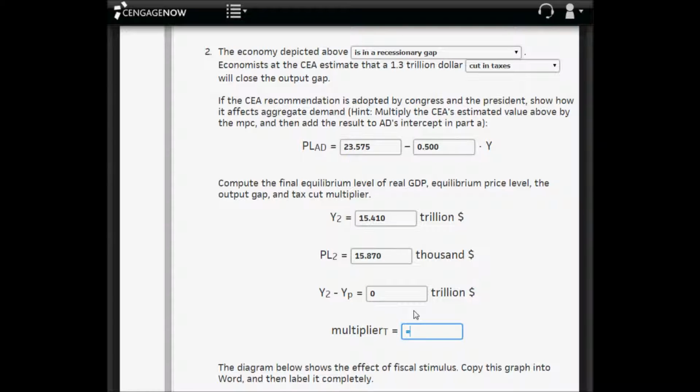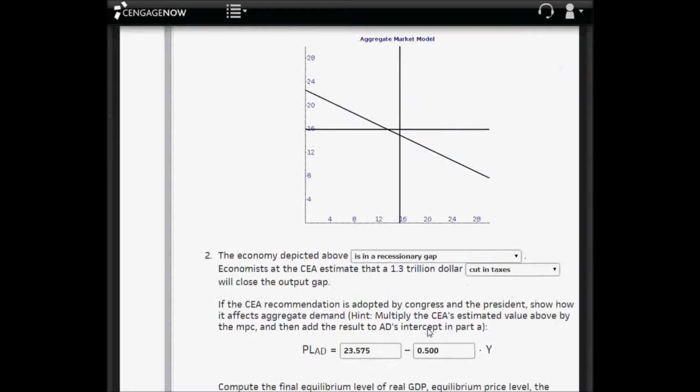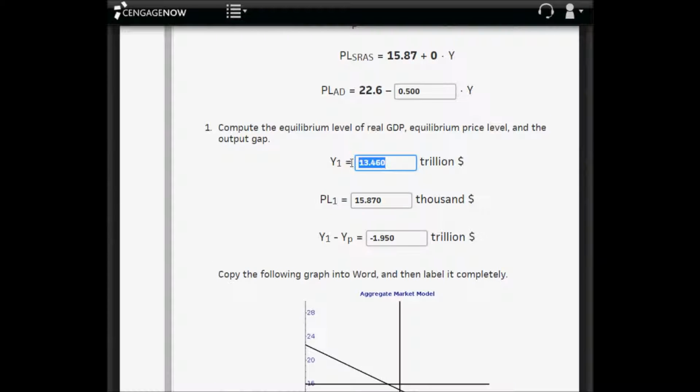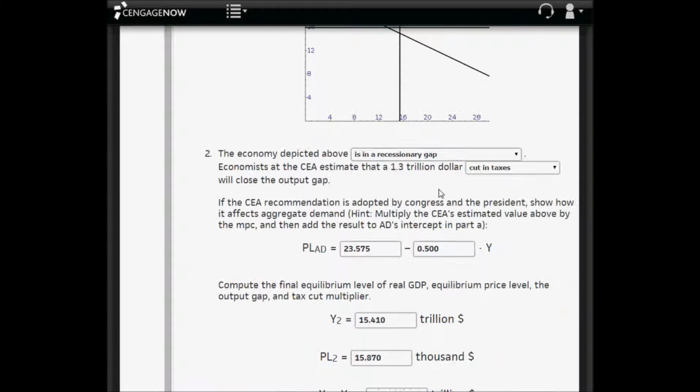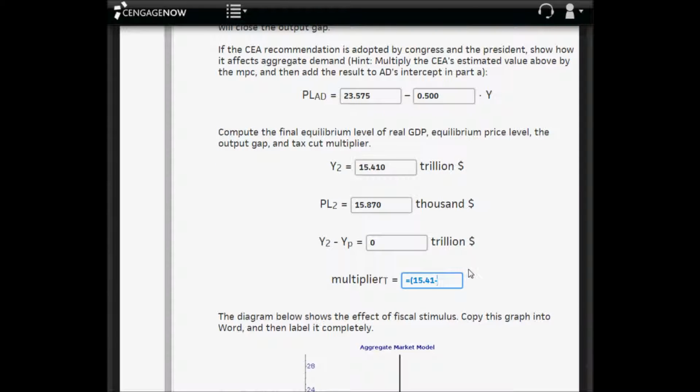The multiplier is the increase in GDP resulting from the tax cut. So the increase in GDP resulting from the tax cut is the difference between $15.41 trillion and $13.46 trillion.